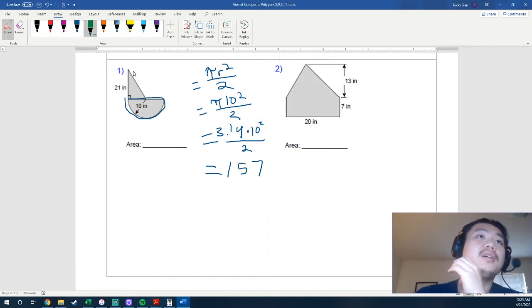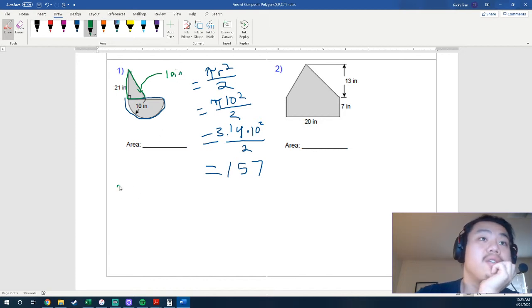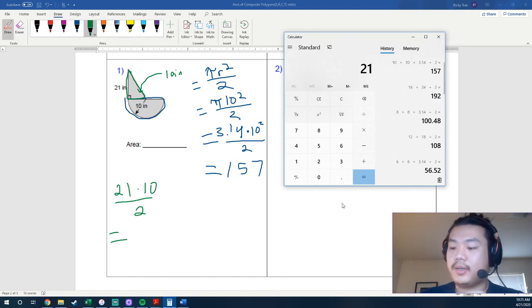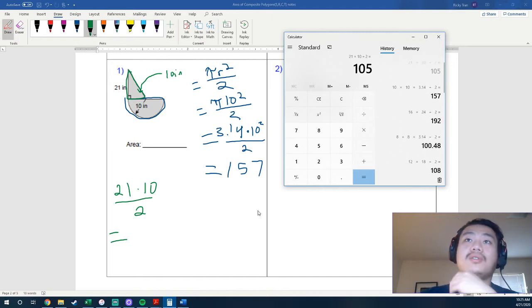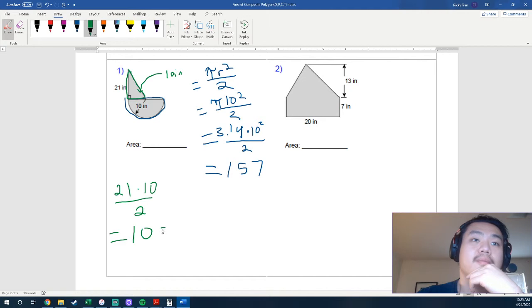And then find this. This is still 10 inches because this is only half the circle, so it's still the radius. So 21 times 10 divided by 2, 105. So we have 105 plus 157.